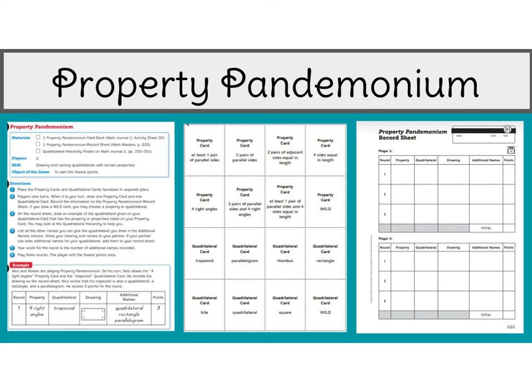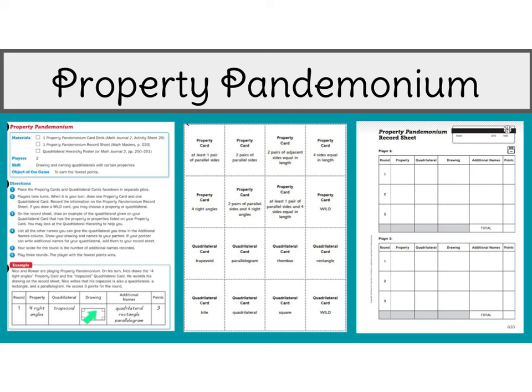You're going to play 3 rounds. So notice it's got round 1, round 2, round 3 on the record sheet. And down here at the bottom, we have an example of how you would record on your game sheet. So if this were round 1, the person drew a property card that says 4 right angles. And then they drew the quadrilateral trapezoid.